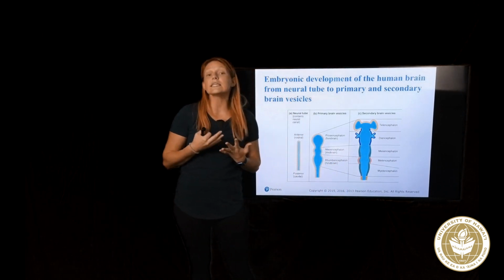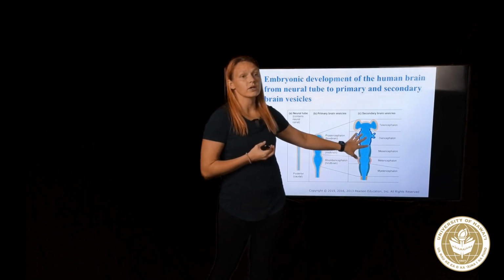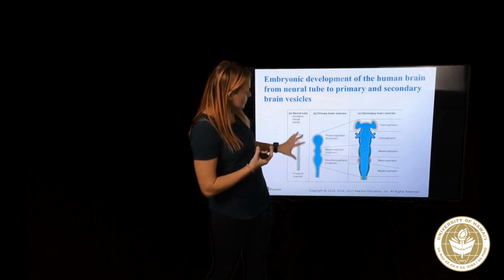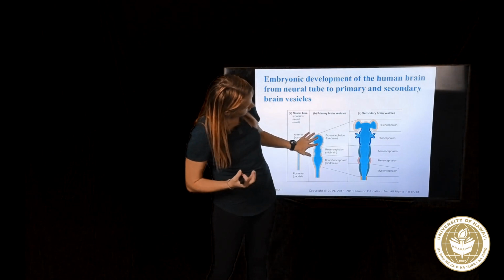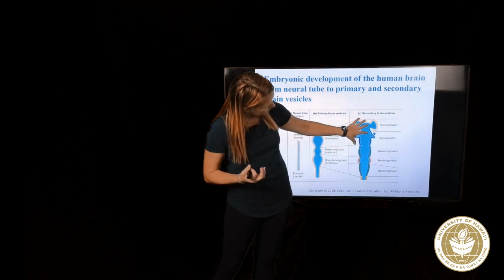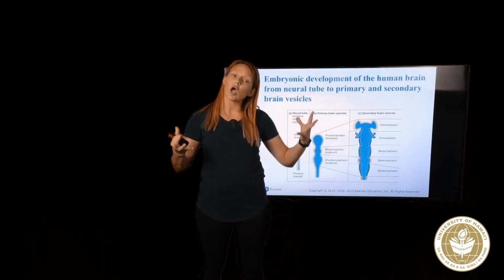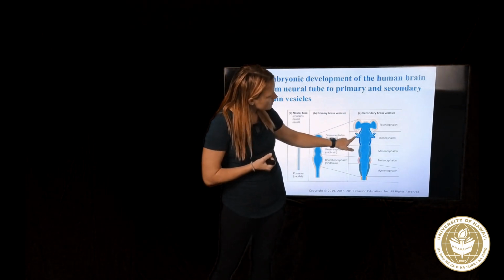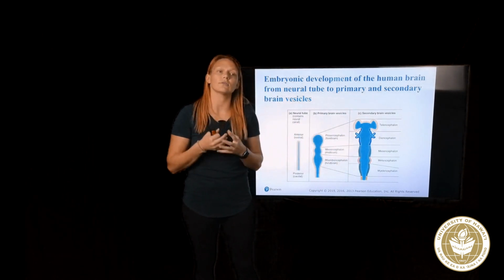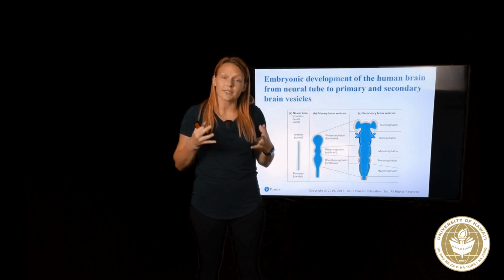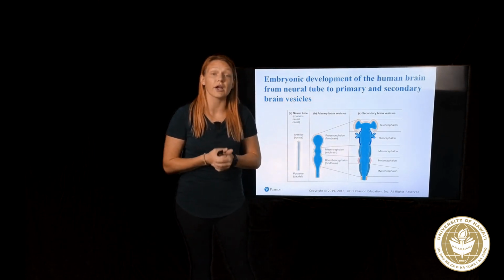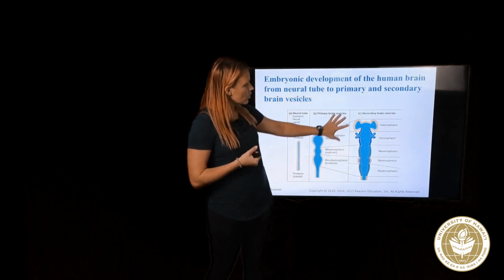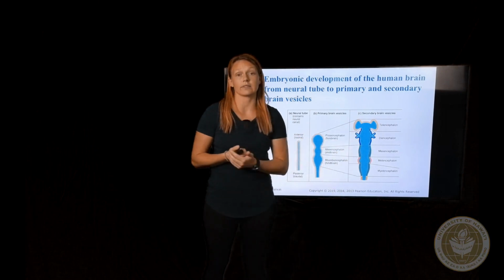We can see these different vesicles here. They're arising due to enlargement, right? It's larger than it was as the primary brain vesicles. So it's getting larger, and then we're also having more of these constrictions to make those different vesicles. That helps us denote the differences between the different areas, and shows us that now we have these secondary brain vesicles.